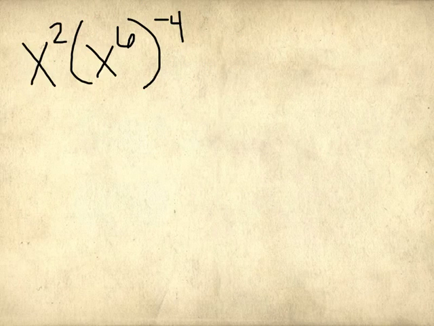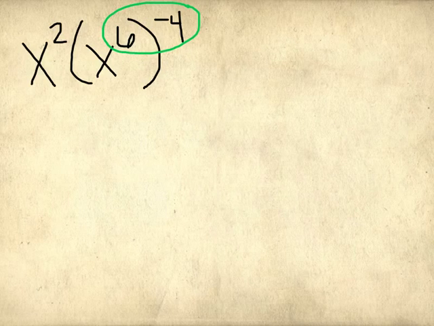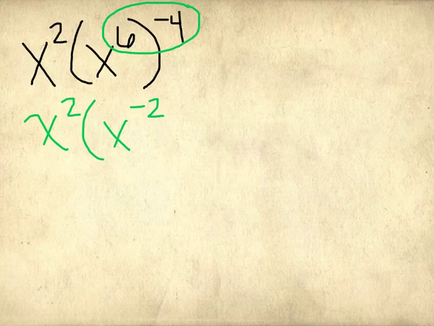Now they start to get a little more tricky with a few more steps that you're going to have to do. So we need to remember our order of operations: parentheses, exponents, multiplication and division, and then addition and subtraction. So first we're going to do our exponents this way. When we're raising a power to a power, that comes before doing the multiplication. So our equation now becomes x squared times x to the negative 24th.